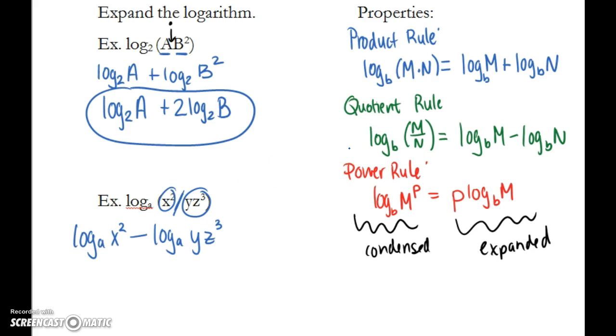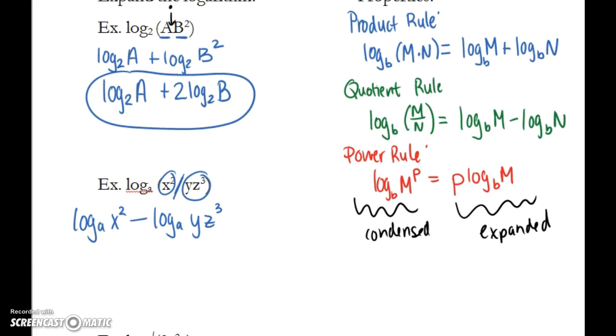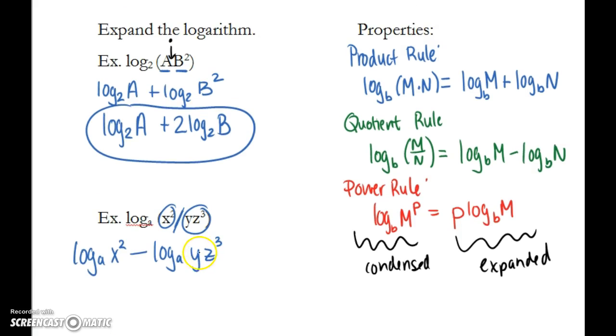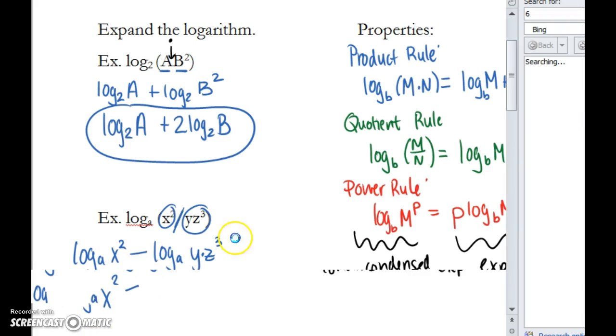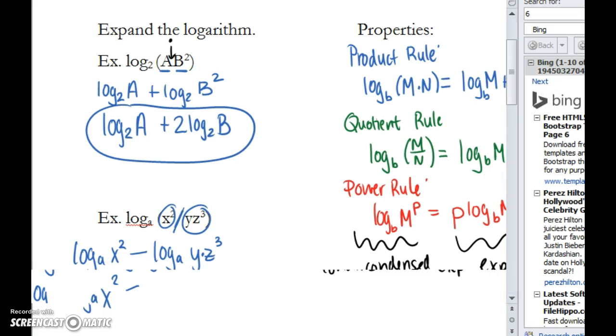Now we can take this further a couple different ways. One is that notice that y and z to the third are being multiplied together, so we can split up the y and the z further using our product rule. So let's leave our first term alone. And what's being multiplied?